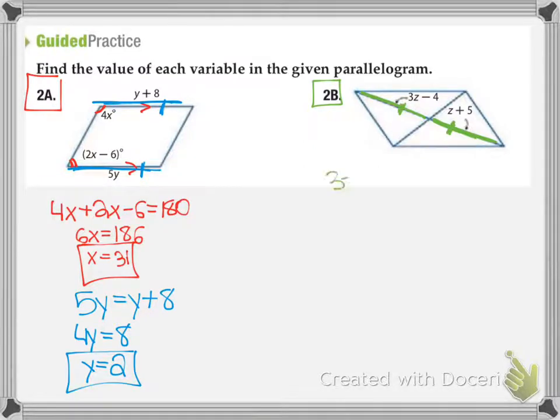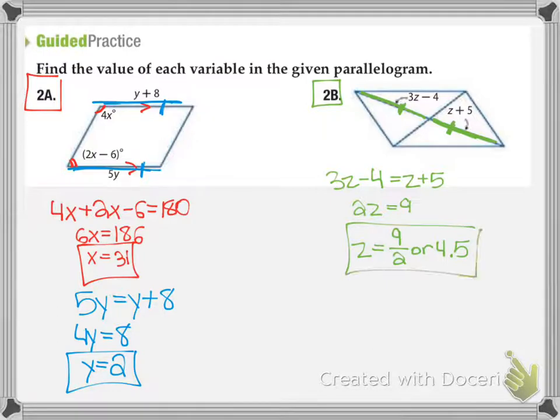So therefore 3z minus 4 has to equal z plus 5. So 2z equals 9. So z is 9 over 2, or you can write that as a decimal, 4.5. So that is the value of that variable.